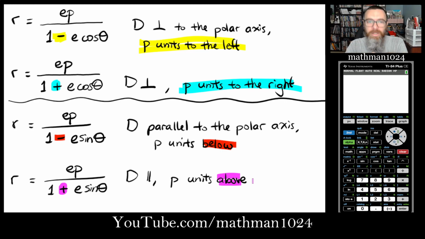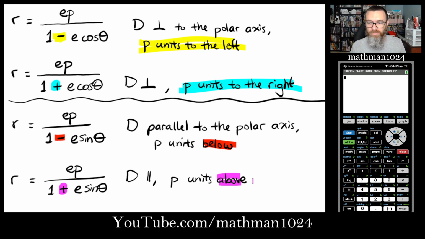So with cosine, connect that with being x. That means we're going to be moving our directrix p units to the left or to the right in the x direction. If you think about moving the directrix left or right like this, that means it's going to be perpendicular to the polar axis, which of course is that ray going from the origin out in the positive x direction.